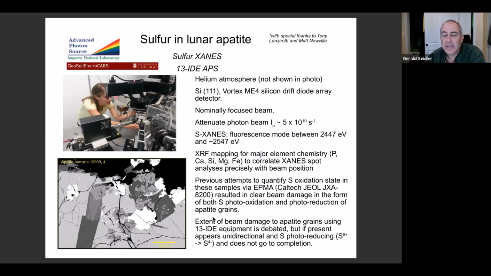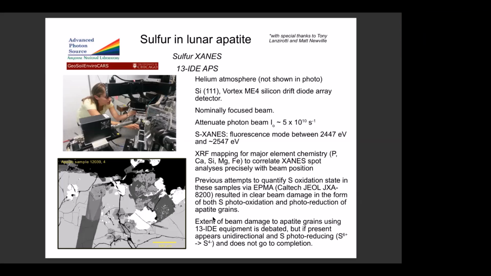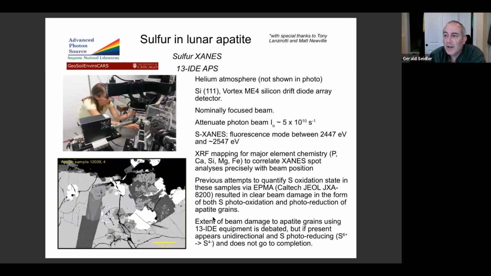In fact, in cases, it's made it worse, possibly. It might be that you have to cool to like 10 Kelvin for that to actually be effective. And then cold and in a helium bag for sulfur to get the sulfur x-rays out is another level of complication that we haven't even attempted. I see. I'll note Liz Cottrell mentioned that iron XANES done cryogenic is worse for beam damage.